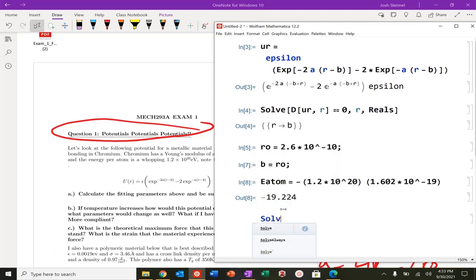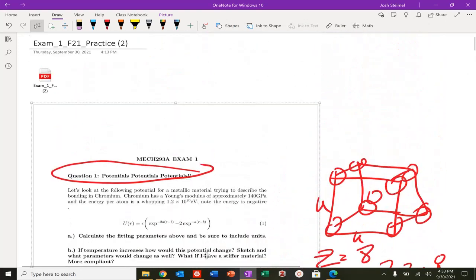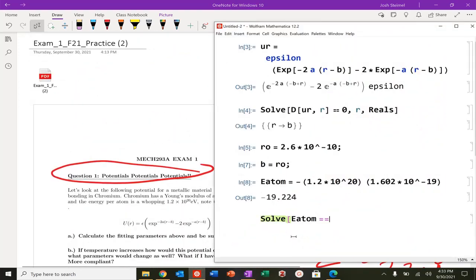And that is going to be equal to, solve E atom, set that equal to Z over 2 times U of R. So that is just going to be 4 times U of R, with R going to R naught, and then I want to solve that.